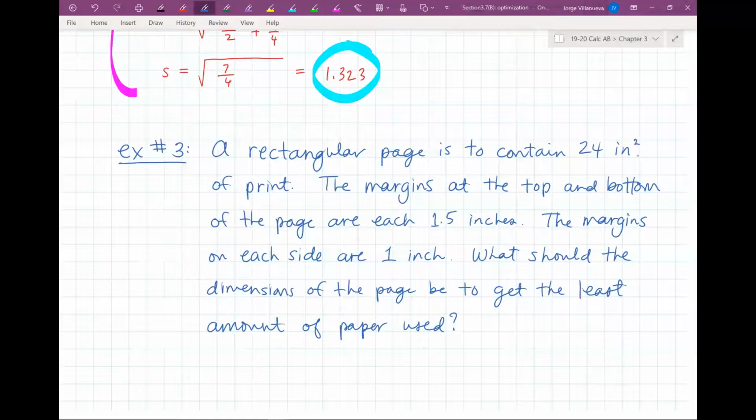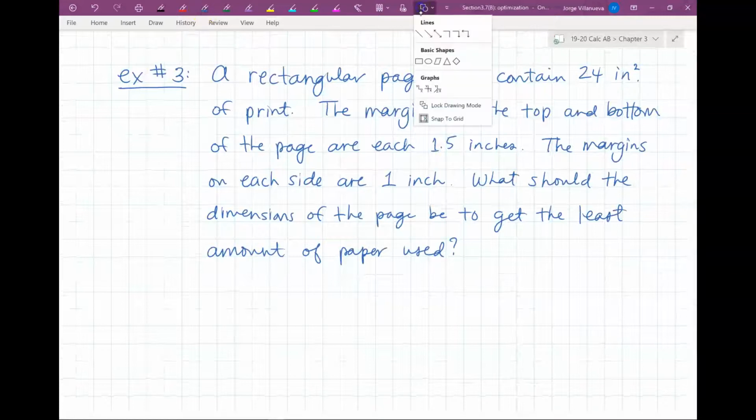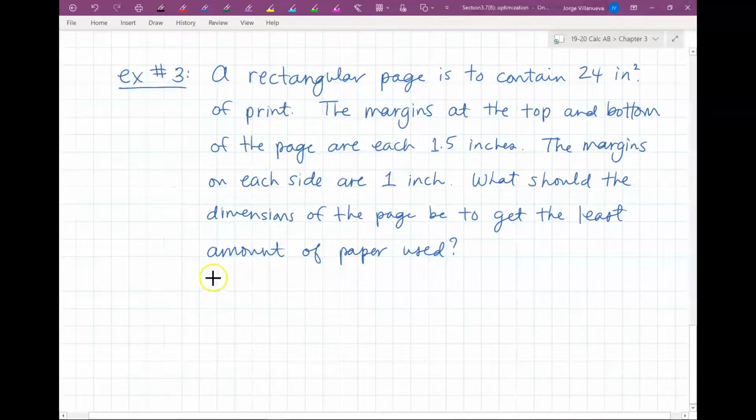But they're saying, if you're given this information, what should the dimensions of the page be so that you get the least amount of paper used? The whole page, the size of the whole page. So let me give you a picture here.